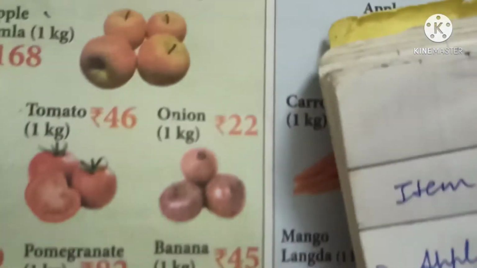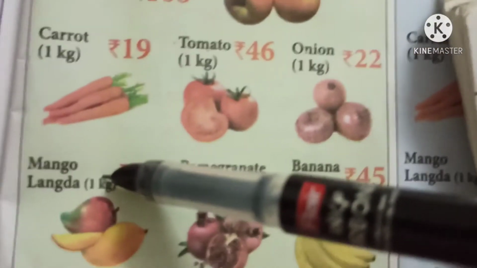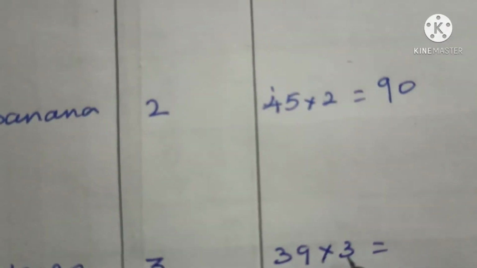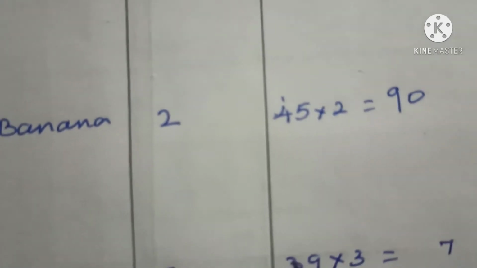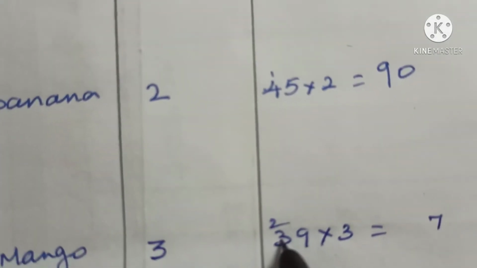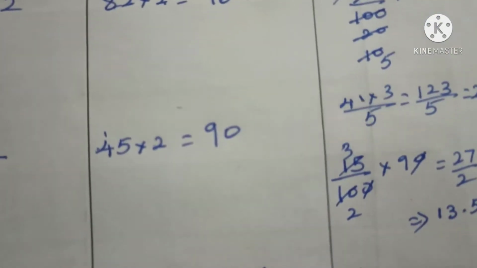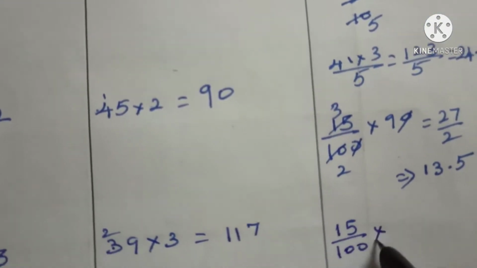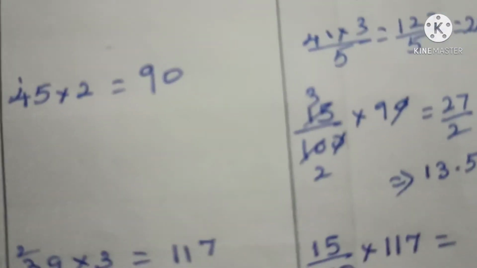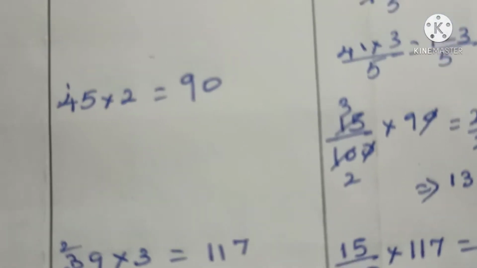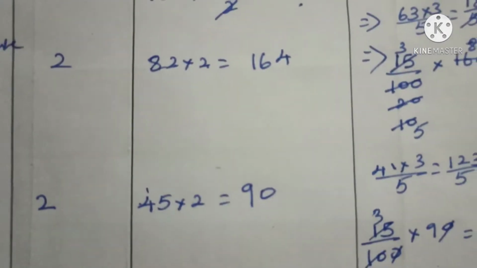Here 1 kg of mango is rupees 39, but we need the 3 kg. Therefore 39 into 3, 3 9s are 27, carry 2, 3 3s are 9, 10, 11. So 15 by 100 into 117, which is equal to 17.55 paisa.